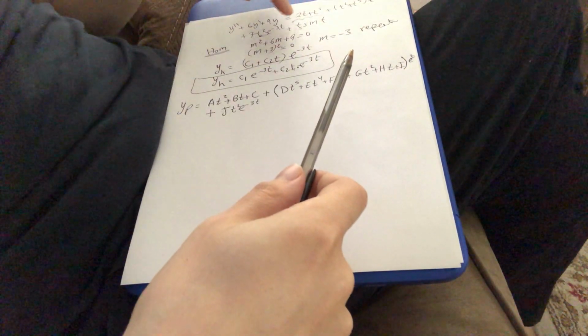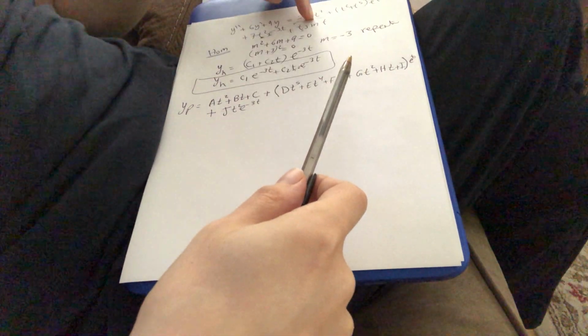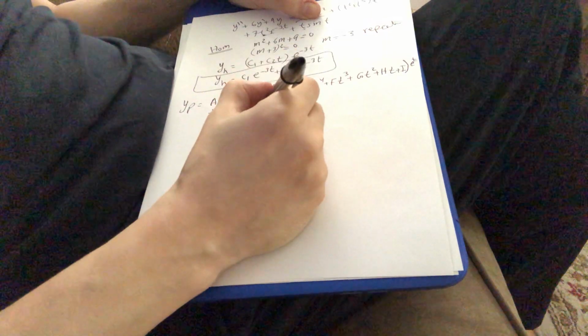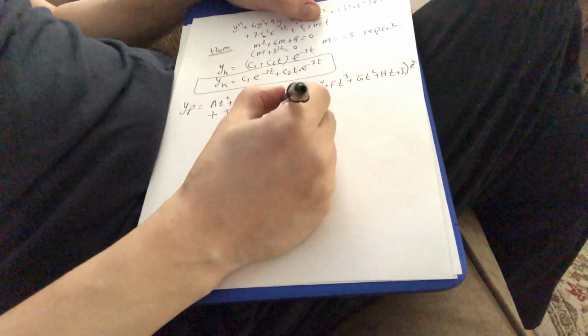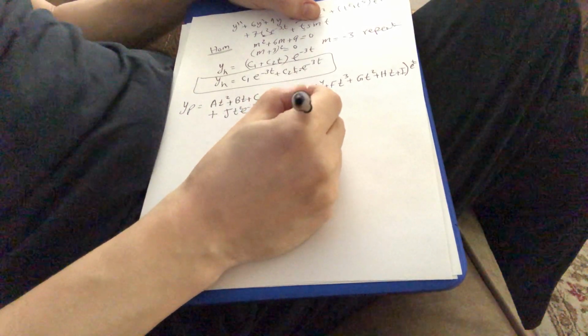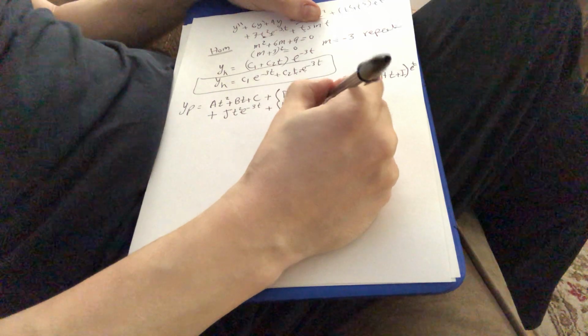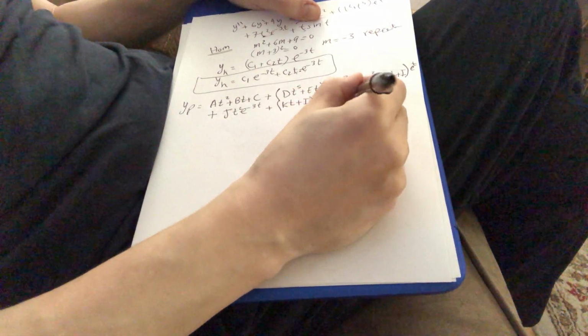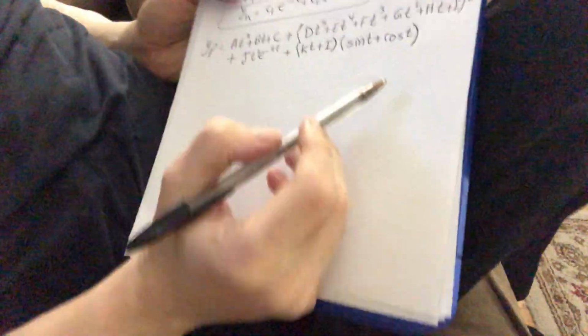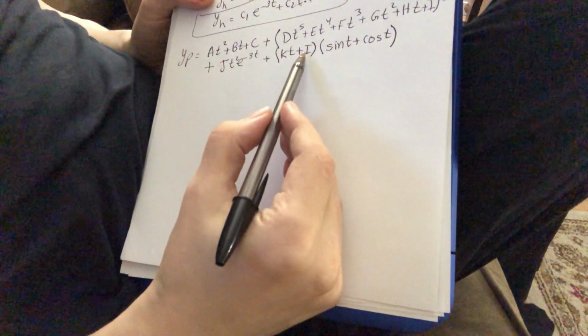Here, it's t times sine, so polynomial times sine. In this case, you need kt plus I times sine t cosine t. And if you notice, I have my variables all the way to I.